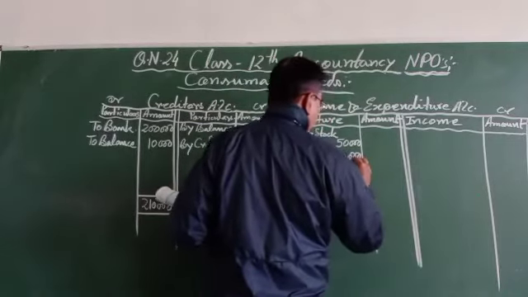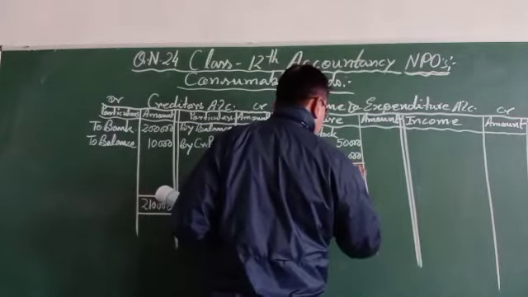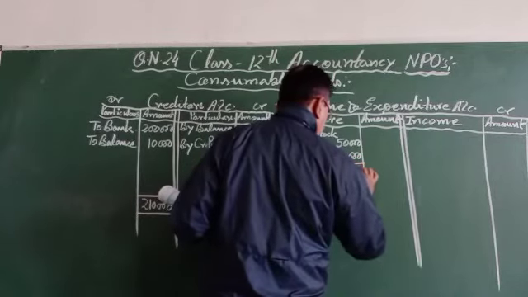That will be the amount of purchase during the year, making the total 2,40,000.